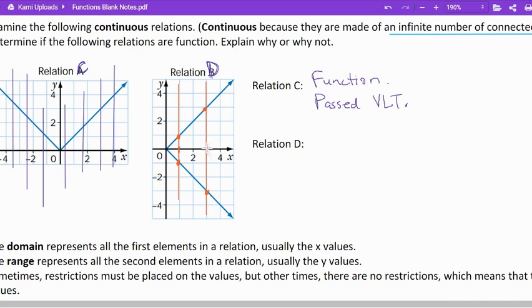So when x is 3, y is positive 3 and negative 3. As such, what can we say about relation D? That's right, not a function. And for the reason, we can say since it failed the VLT.